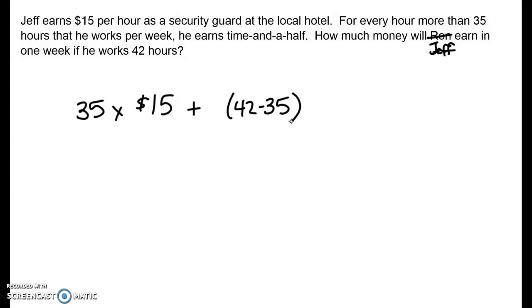7 hours of overtime. Now, for overtime hours, he gets time and a half. He gets 1.5 times his regular pay. So we know that this we're going to multiply by 1.5 times his regular pay.